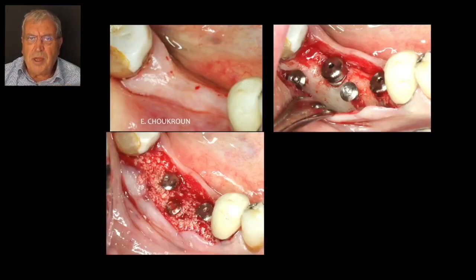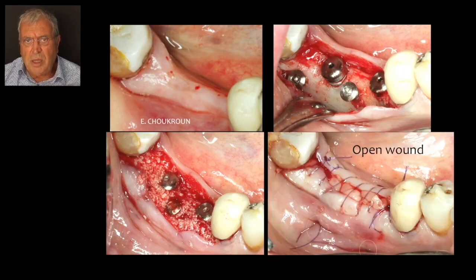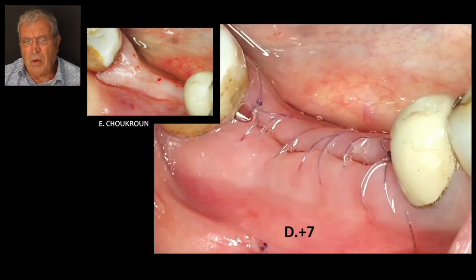We can make augmentation, and at the closure, it's difficult to close. But today, we know. We are calm. I cannot close. I will not make tension. I leave it open. Look how happy the gum is after an open wound.